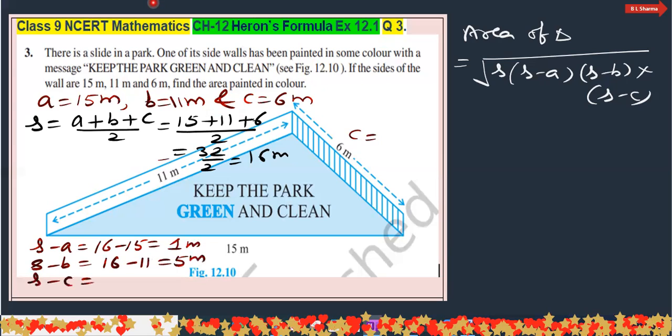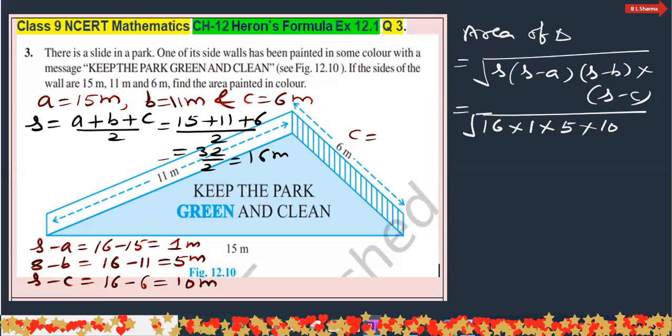And then we have S minus C, that is 16 minus 6, that is 10 meters. Put these values in the formula here. So in place of S 16, in place of S minus A 1, in place of S minus B 5, and in place of S minus C, that is 10.